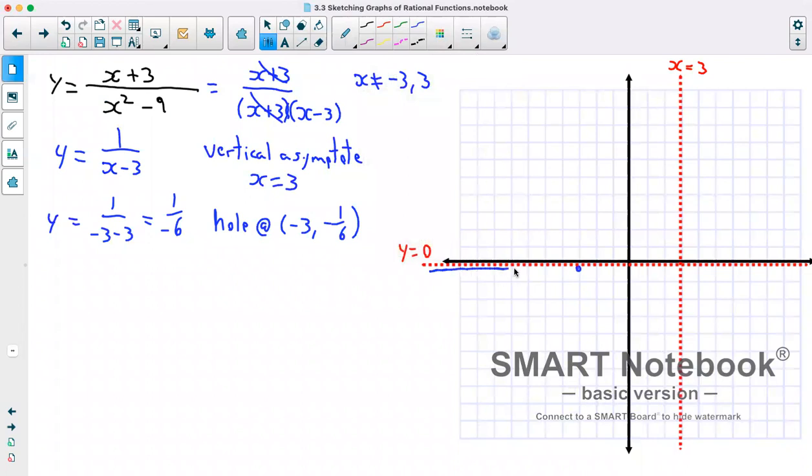So graphing this function, we know it's coming on here, goes to our hole, and then down. And this will just be diagonally opposite.